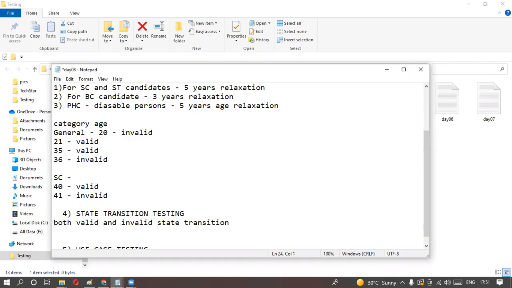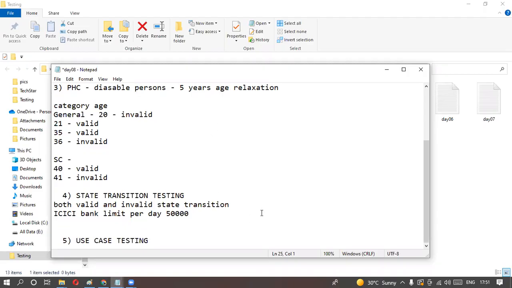Let's say today you are going to withdraw money from your ICICI bank. What is the limit per day? Let's take 50,000 as the per day limit. So you went to some ICICI bank, inserted your card and withdrew 20,000 rupees.